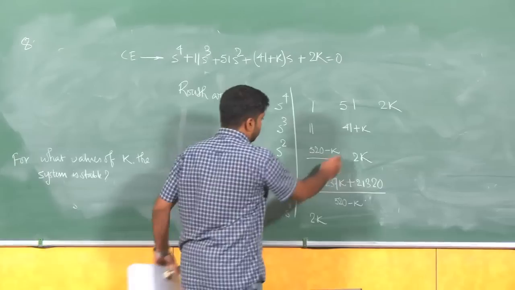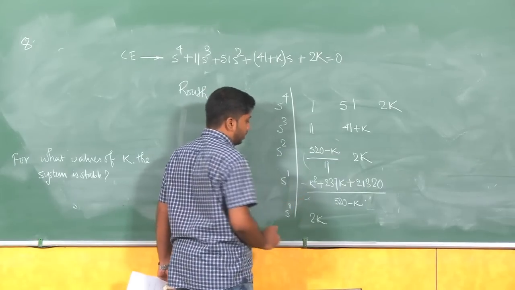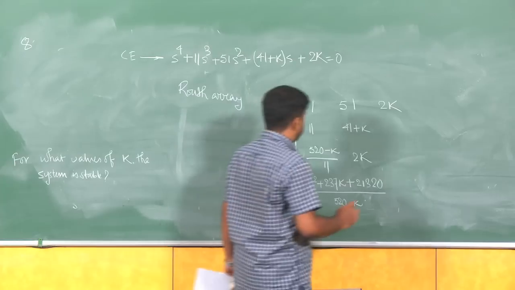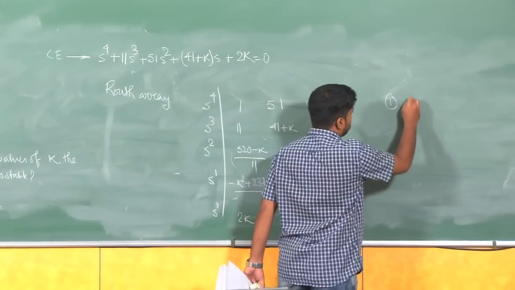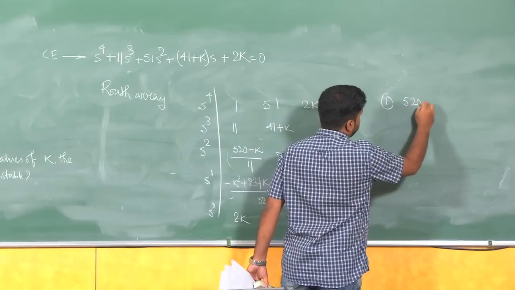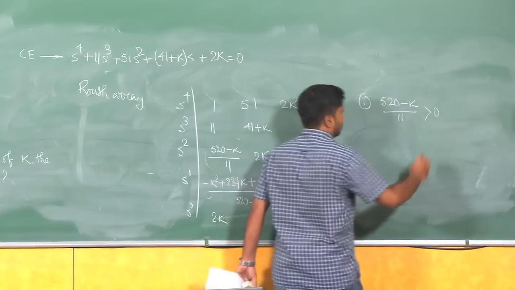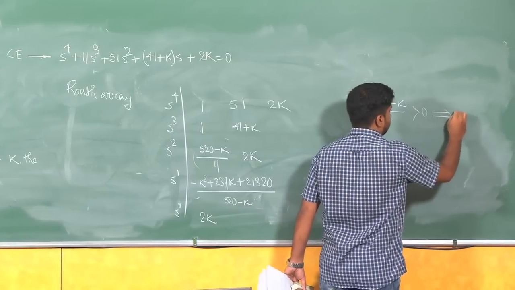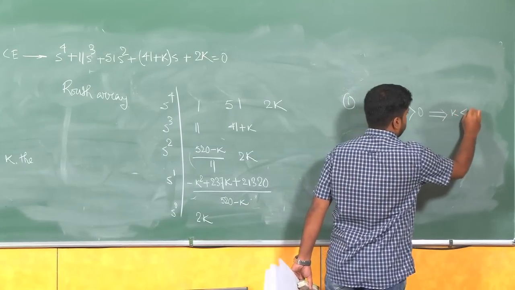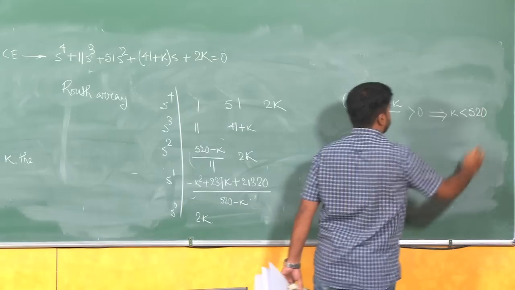There are 3 terms related to k in the first column. The first condition will be (520 minus k) by 11 greater than 0, that implies k is less than 520.